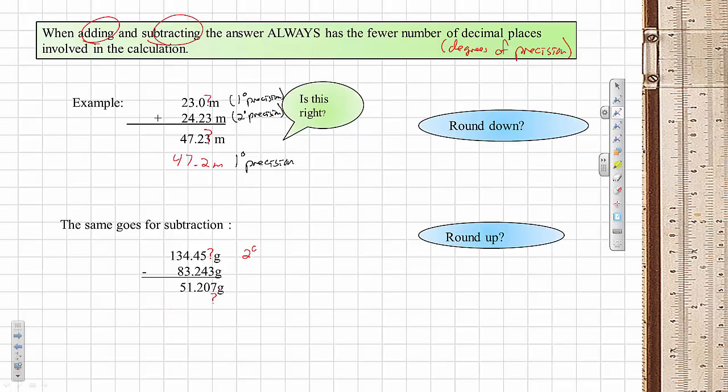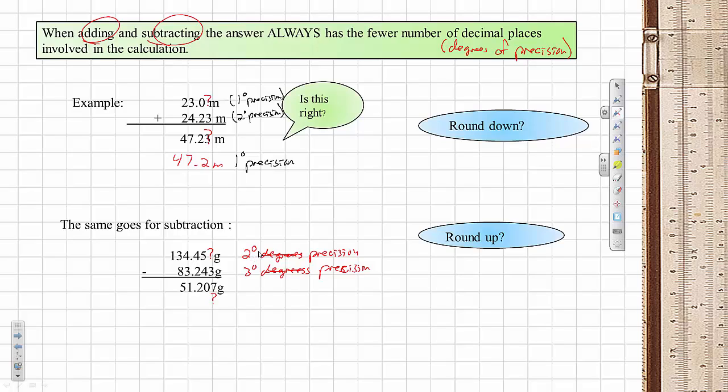We've got 2 degrees of precision for the first number. We have 3 degrees of precision in the second number. If I use the degree symbol, clearly I don't need to write the word down.